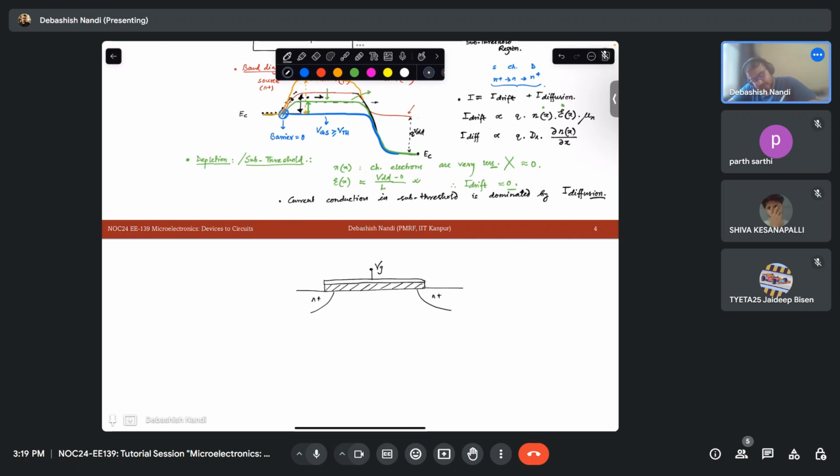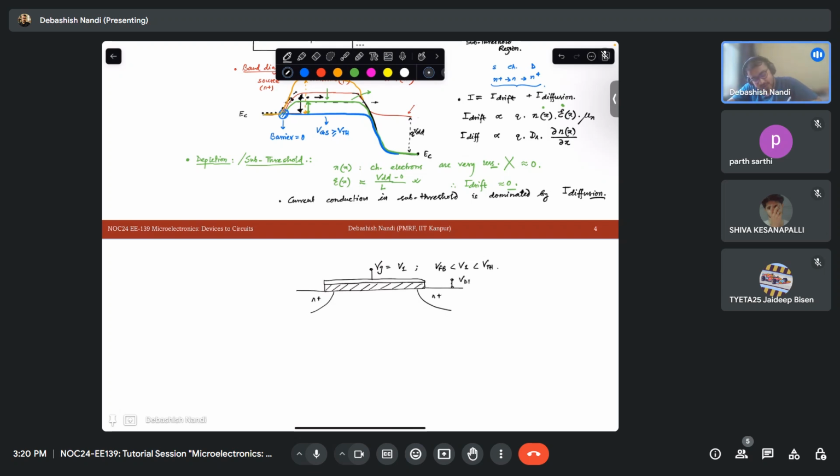Let's say Vg equals V1, and VFB is less than V1, which is less than VTH. That means we are in the subthreshold region. Fine.